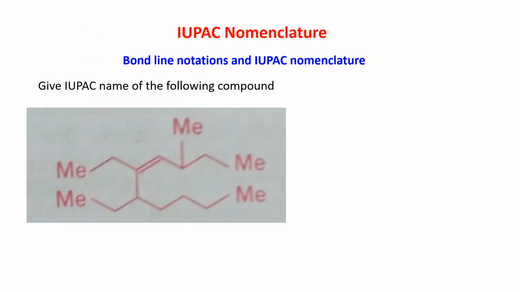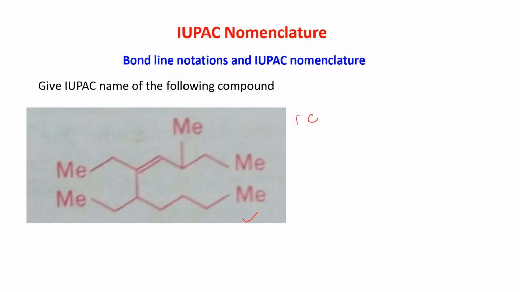Now look at this example. In this example, you can see so many Me written. This Me means these are the methyl group. So let me first write it with CH3 group. Replace the Me with CH3 group.